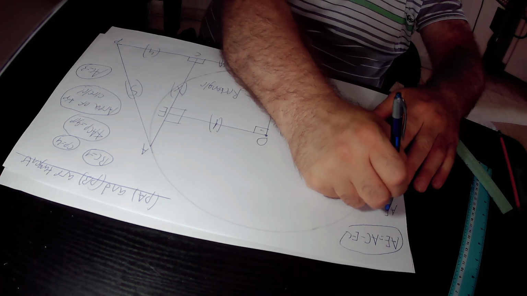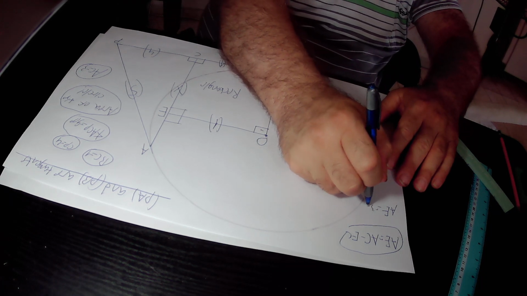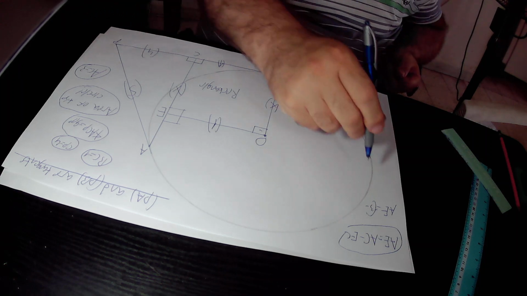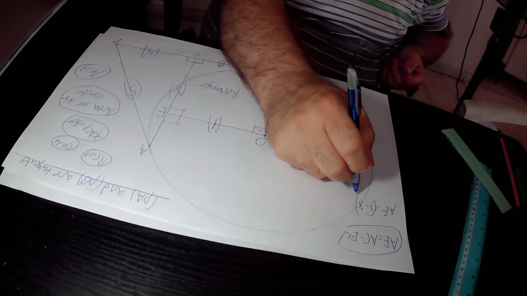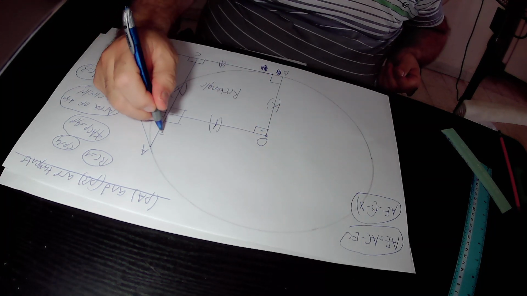So AE equals AC, that is 3, minus EC, which is x. So in total, AE equals 3 minus x.